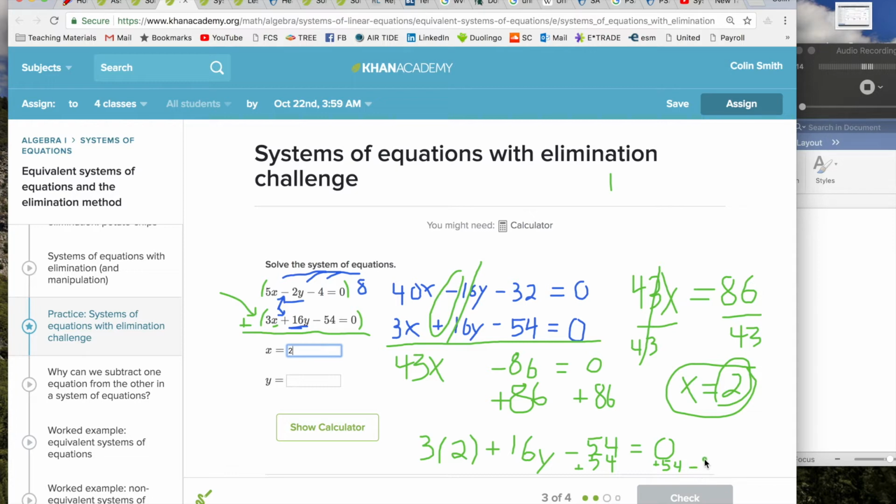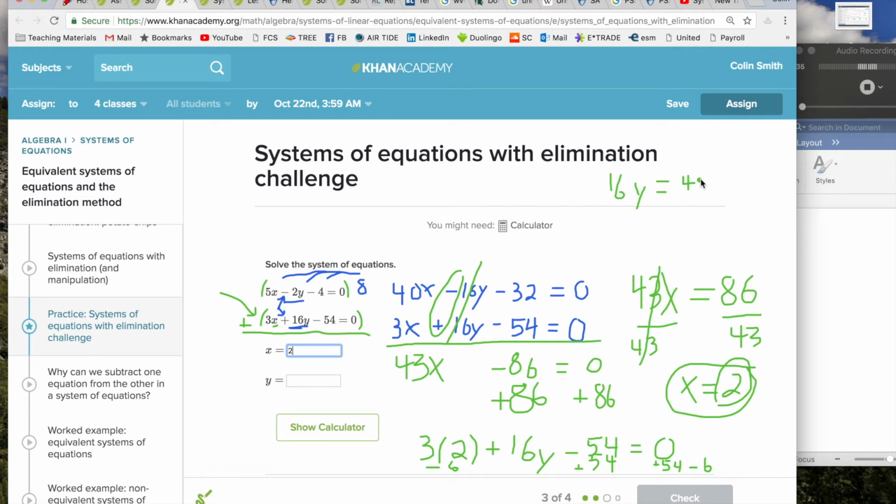I'm doing 2 sets of numbers, so 0 plus 54 minus 6. We'll do minus 6 over here to make sure we're bookkeeping. So 16y equals 54 minus 6, which is going to be 48.